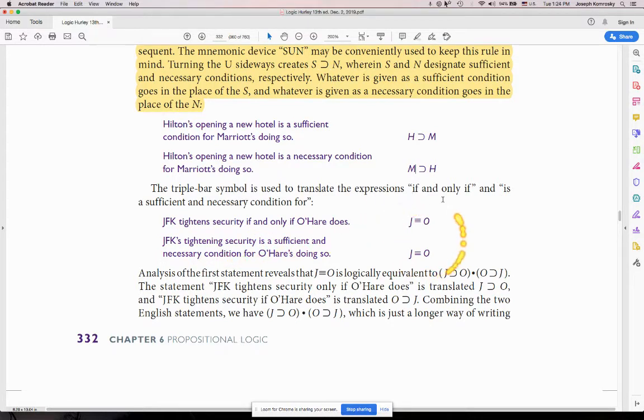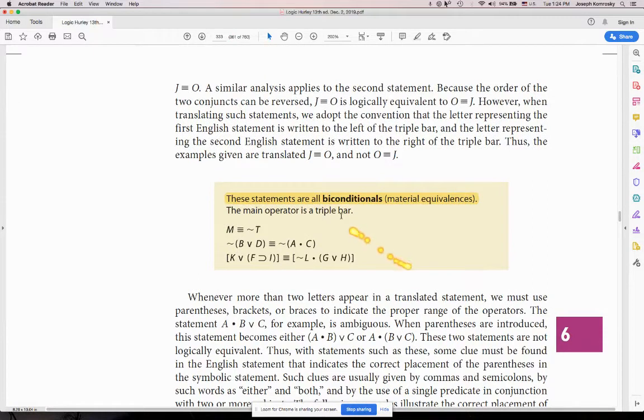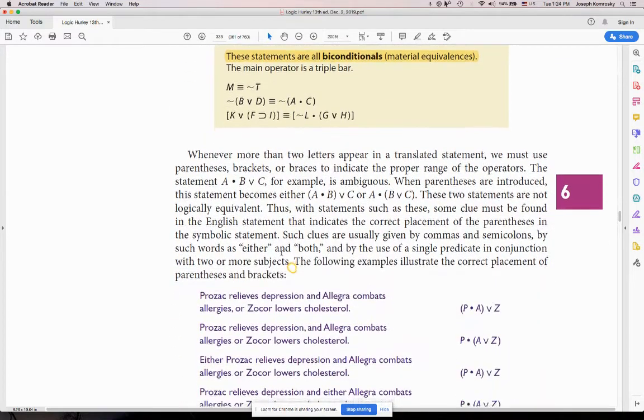Again, this is the simplest form that these two are translated in. And these are different ways of saying this, which is the same. So, they're called biconditionals. And there's the triple bar, or the biconditional, main operator of each one.